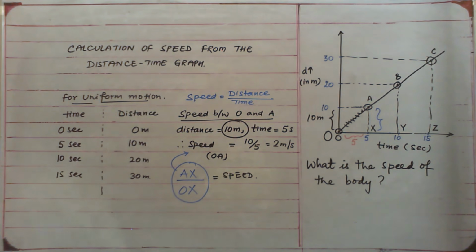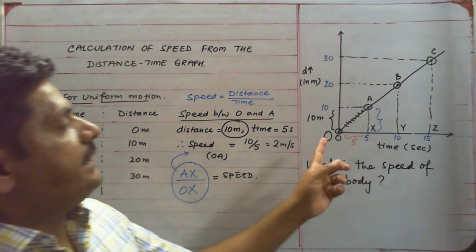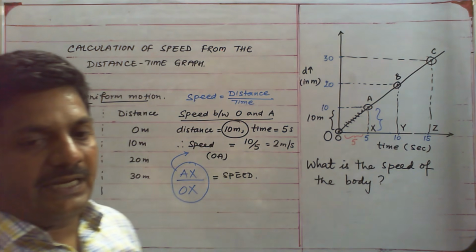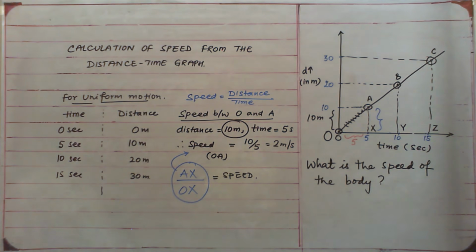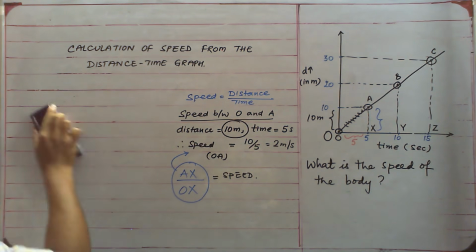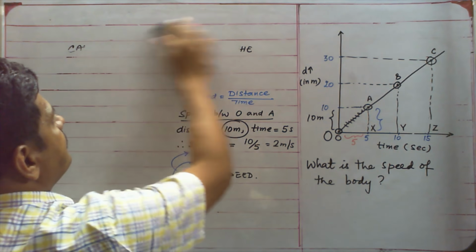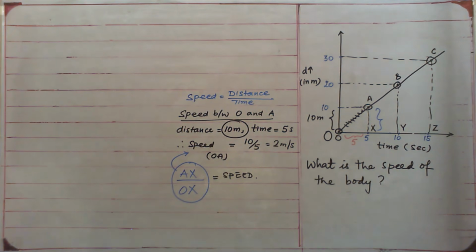Now similarly, if you look at the part OB, let us calculate the speed between O and B. I can erase this part now because this has already been plotted in the graph.